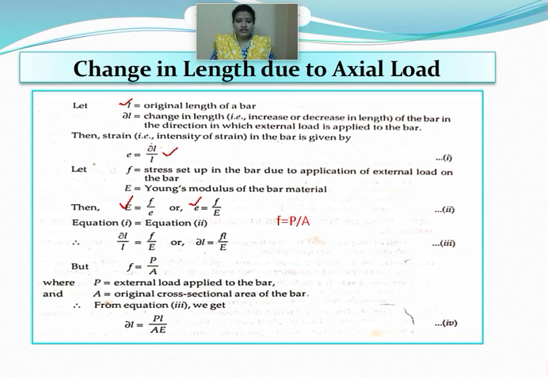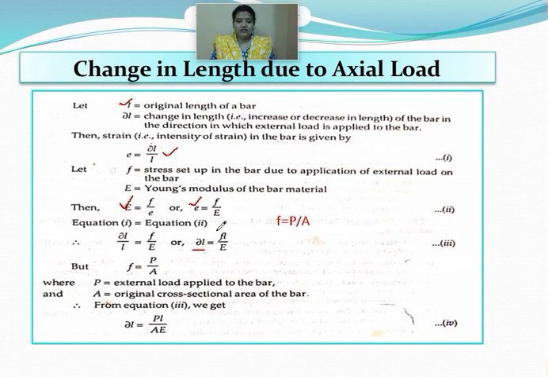So in this equation, if you put the value for strain, that is del L by L is equal to F by E, or if you keep del L here, then del L is F into L by E. F means stress, into length, by your modulus of elasticity or Young's modulus.